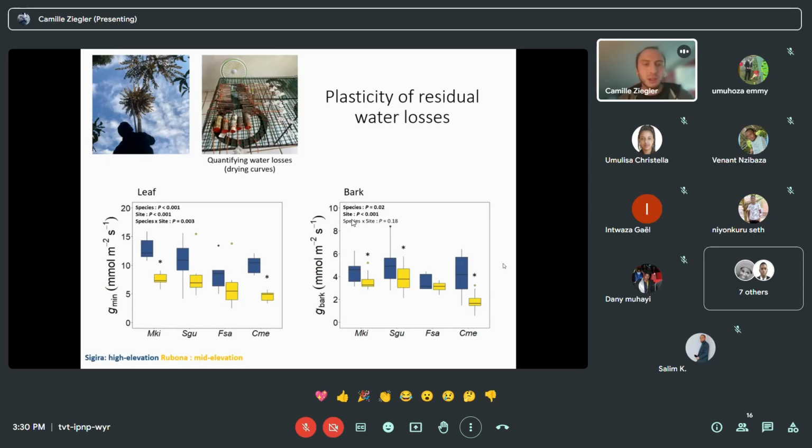The blue boxes are for Sigira, yellow boxes are for Rubona, and so you have the four species represented here on these box plots. And so the general trend is towards a decrease in minimum conductance of leaf and bark at the low elevation sites. So with drier and warmer conditions, plants limit water losses through these tissues. So we have a plasticity in this trait as well.